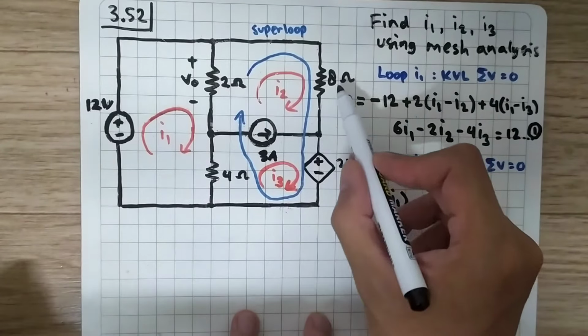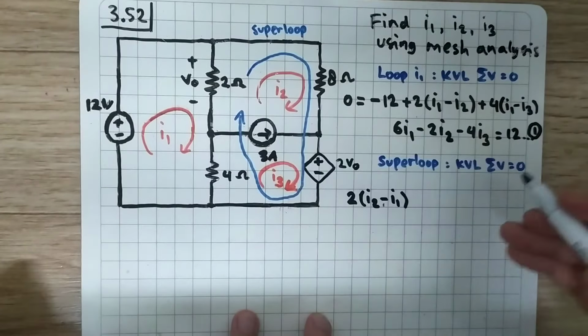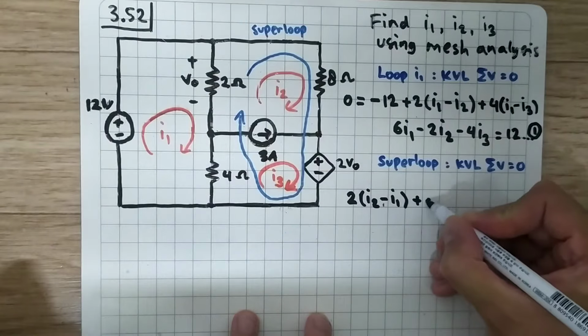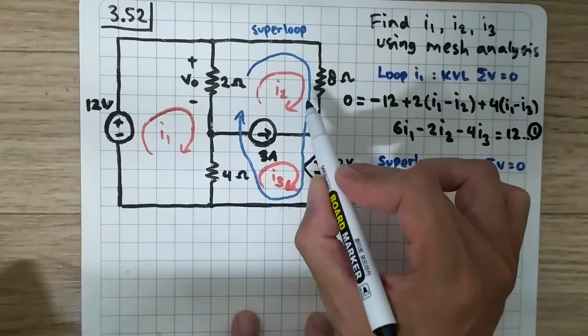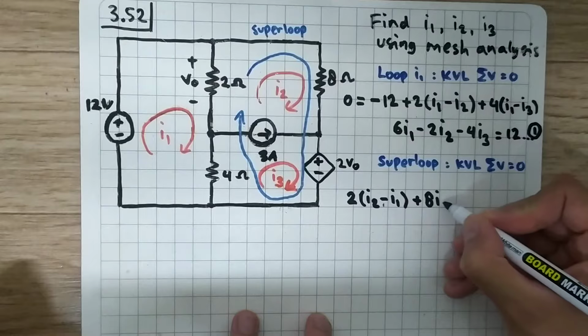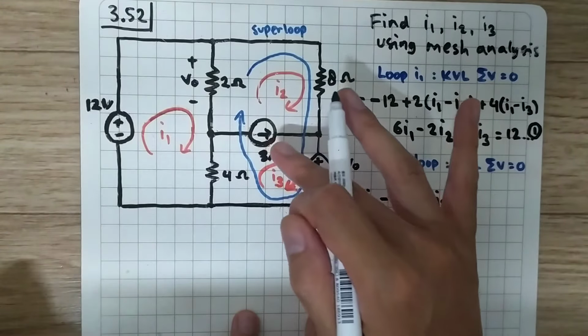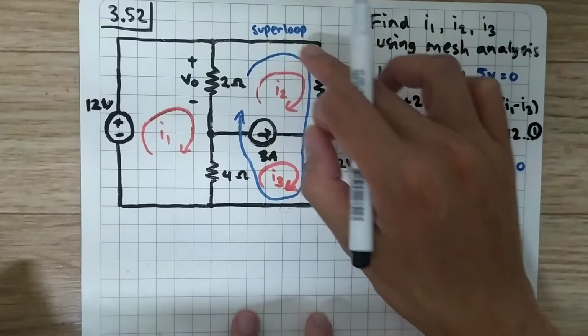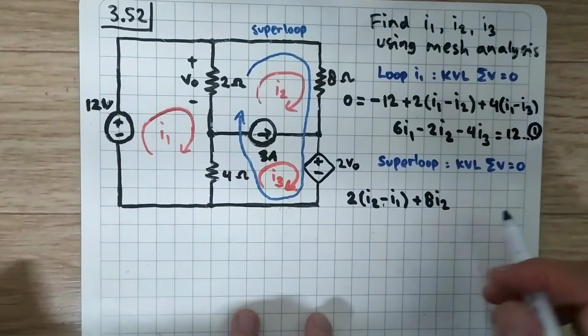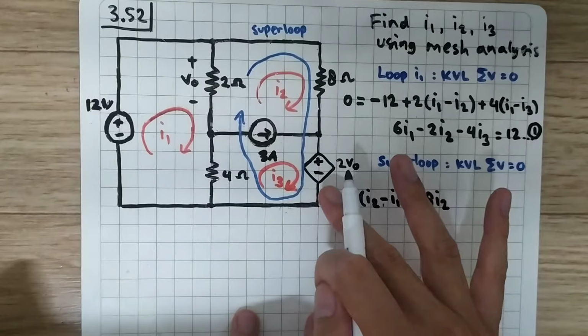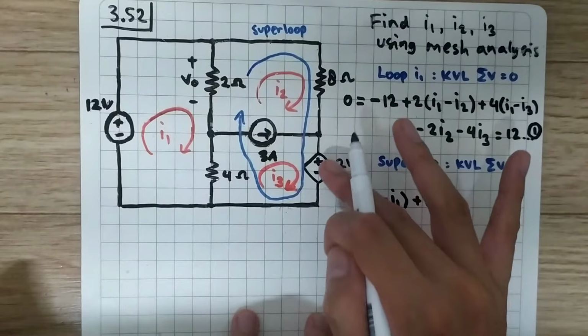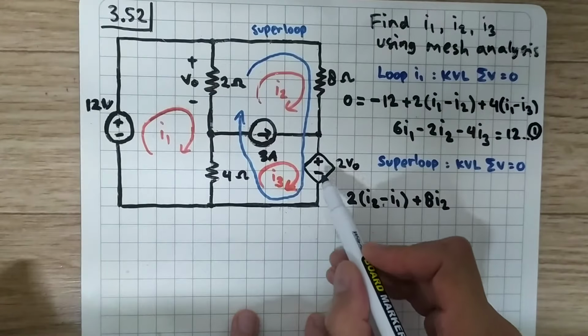Then we move on to this 8 ohm resistance, plus 8. The only current that passes through it is I2, and we are not going to do analysis on this current source because we look at the super loop. And now we move on to this voltage source.